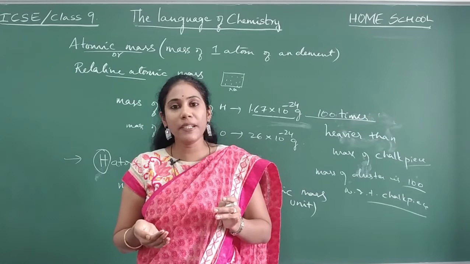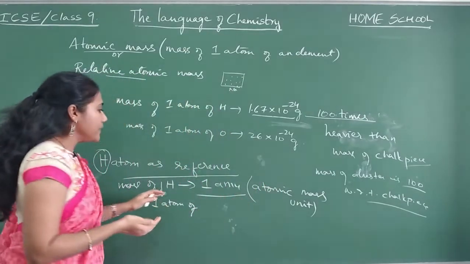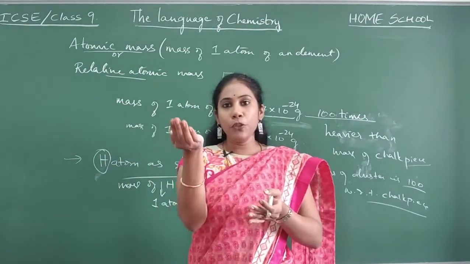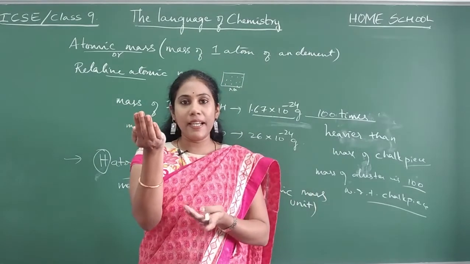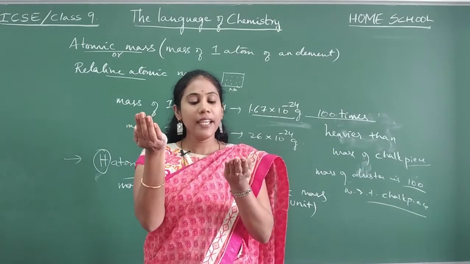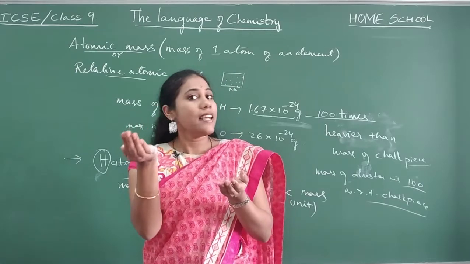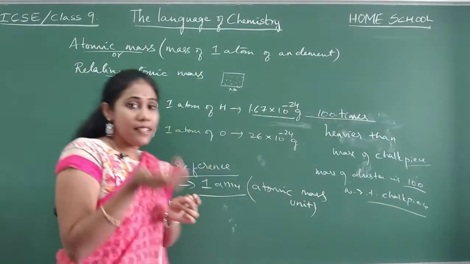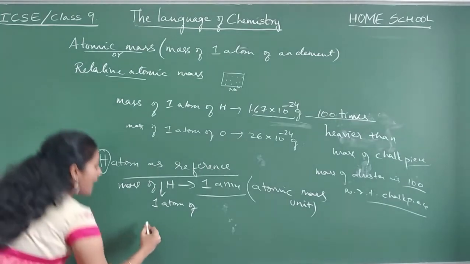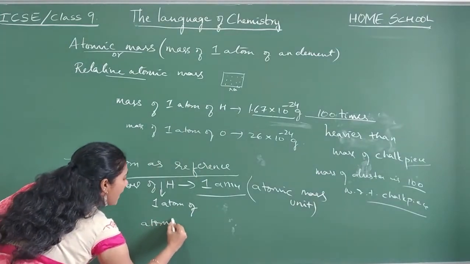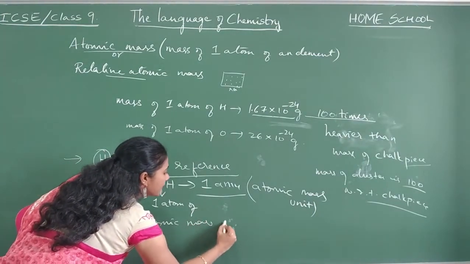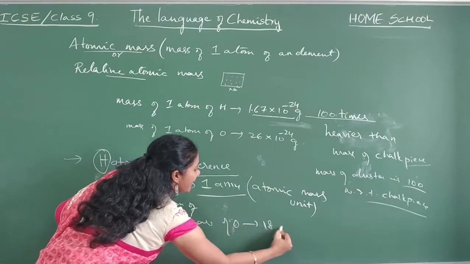Got it, everybody? For example, imagine a 1 AMU hydrogen atom in my hand, and I have oxygen atoms that are 18 times heavier than this hydrogen atom. That is the reason the atomic mass of oxygen is 18 AMU.